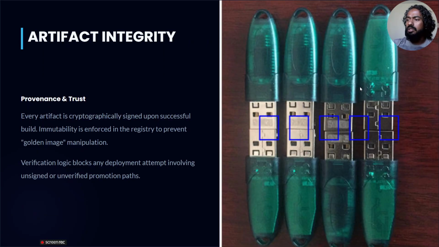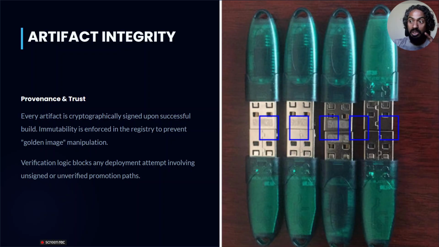Now comes the artifact management and the integrity part around that, right? So this is the most ignored layer as far as I see everywhere. Artifacts are the actual product of your pipeline itself, not the code, not the pipeline, but the artifact I'm talking about. So what we assess here is, can artifacts be changed after publishing?